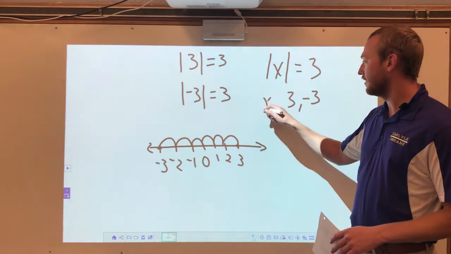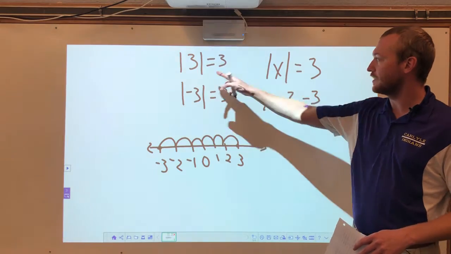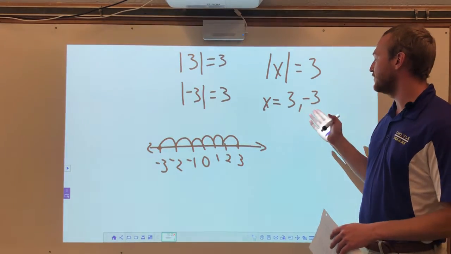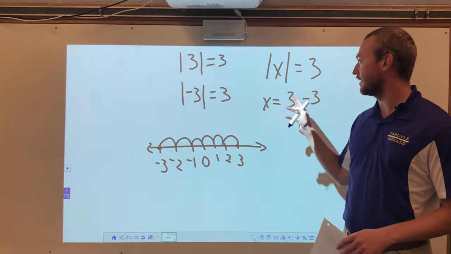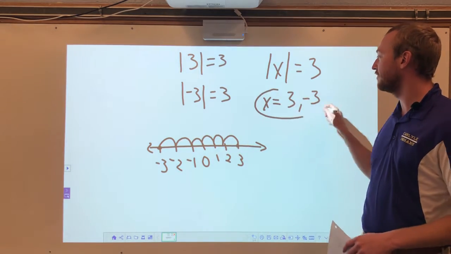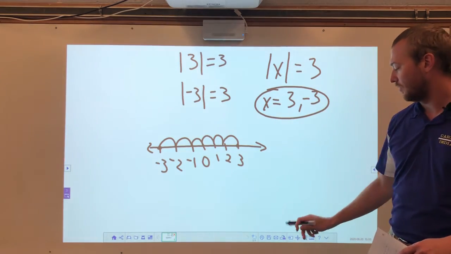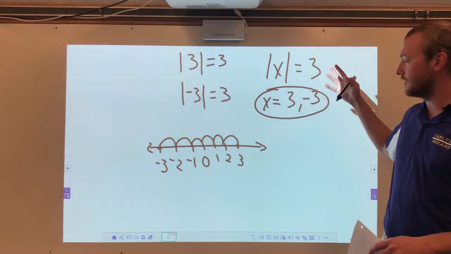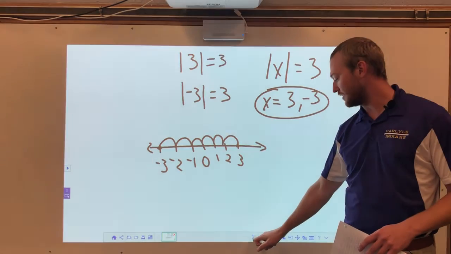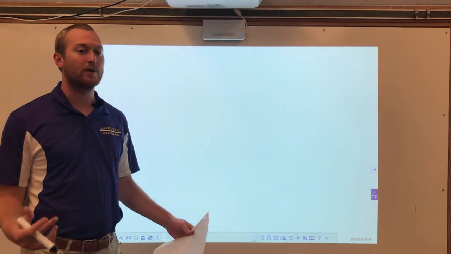Again, think about it. If we plugged in 3, the absolute value of 3 is 3, right? And the absolute value of negative 3, if we plug that in for x, is also 3. So these are both correct. This idea right here is really important in seeing how and why we solve absolute value equations the way we do.